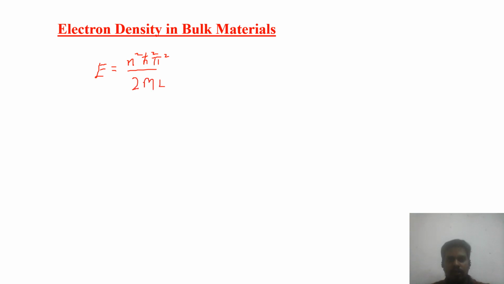So you can rearrange it and get back that value for n. That should be equal to 2mE divided by h cut square, pi square, L square, whole power of.